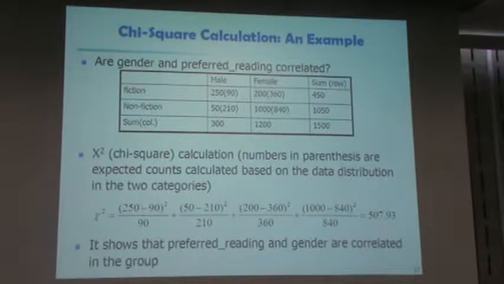However, this is not scaled, so we cannot say whether this is a very strong or very weak correlation. But anyway, it is relative. How much we need to decide the guideline is based on experimental results. That is the chi-square calculation to decide whether two attributes are related or not.